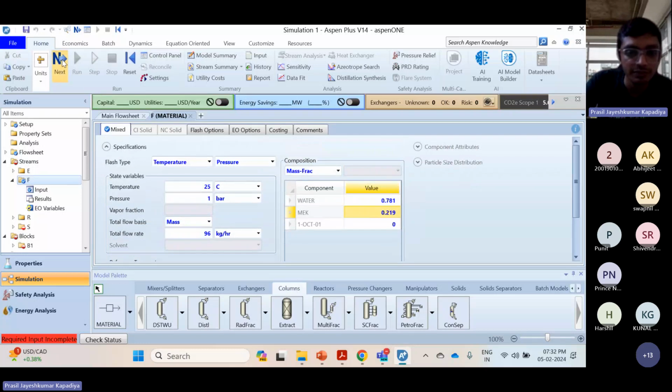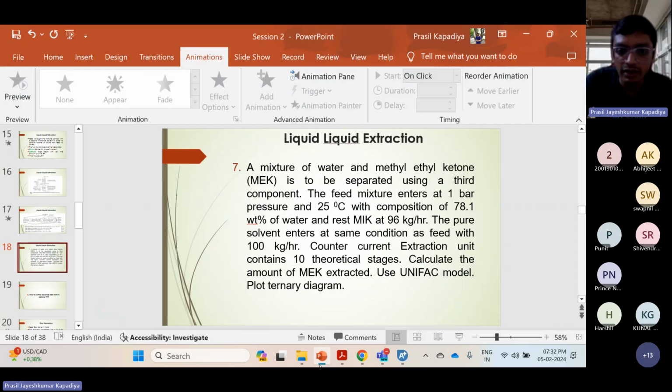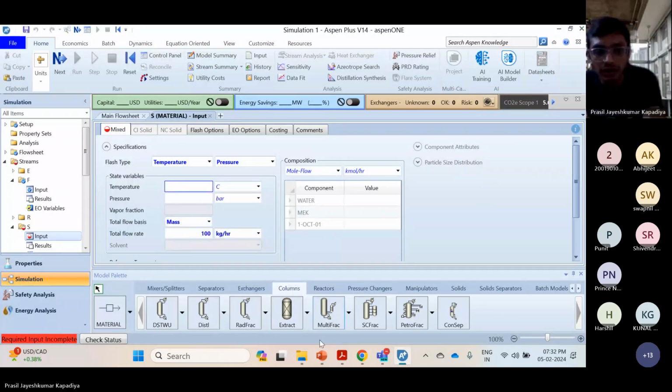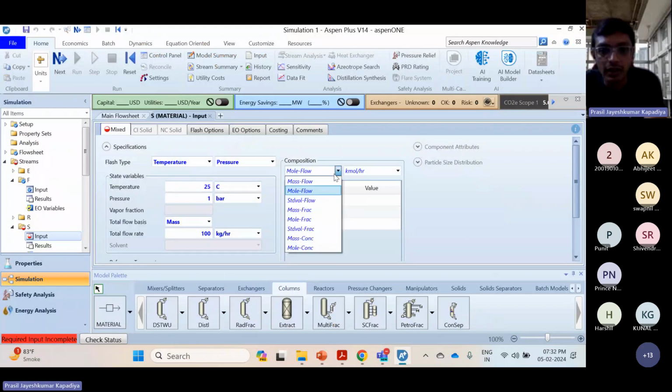Now let's go to next. Now solvent. Solvent is also entering at same condition. Mass flow rate of 100 kg per hour, 25 degrees Celsius, and 1 bar pressure. And that is pure.